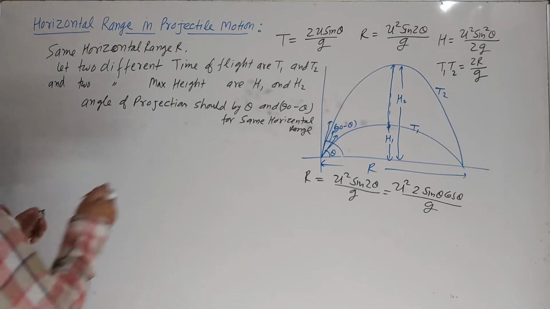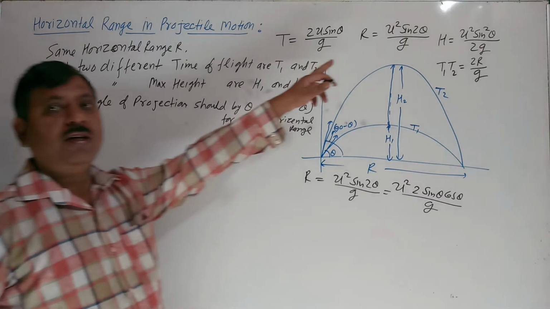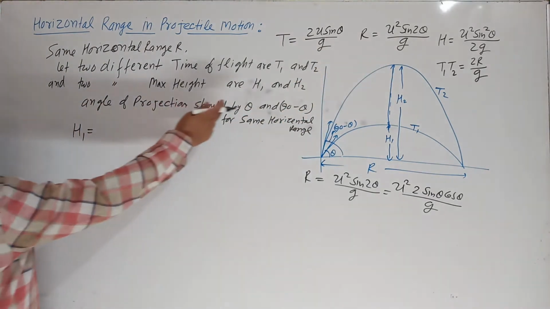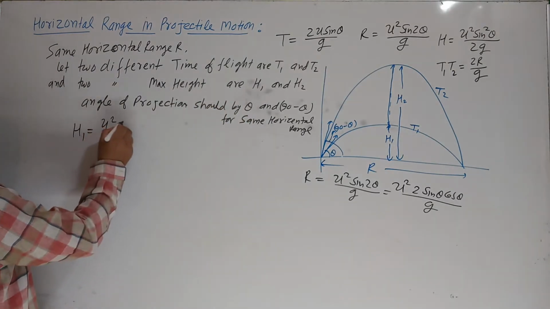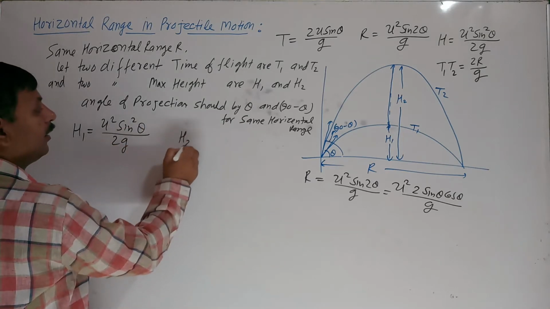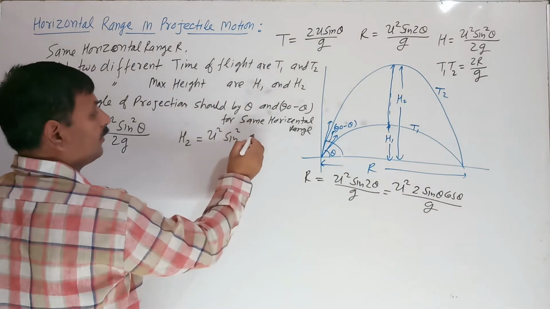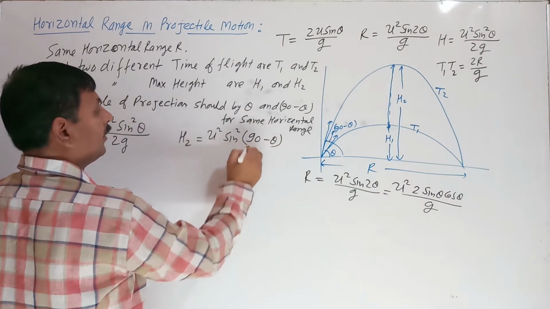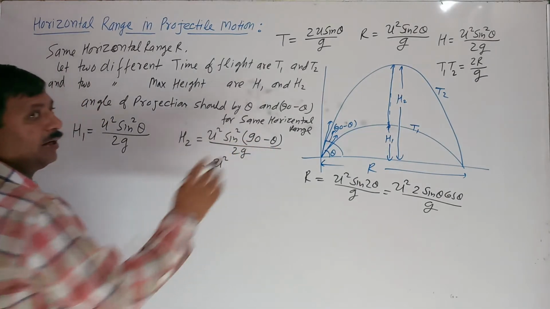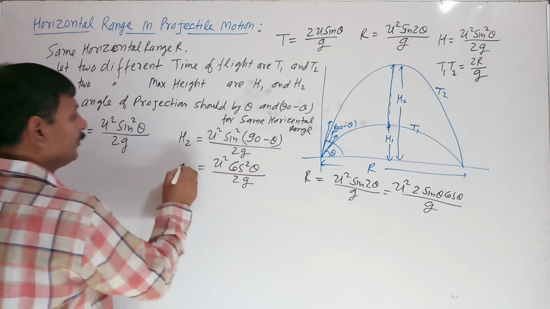Maximum height H1, formula is u square sin square theta upon 2g. So for the first, angle of projection is theta, so u square sin square theta upon 2g. For the second, u square sin square of 90 minus theta upon 2g. That will become u square cos square theta upon 2g, since sin of 90 minus theta is cos theta.